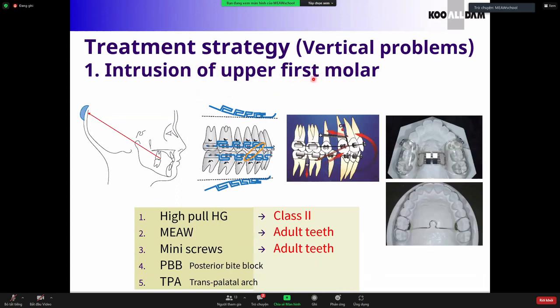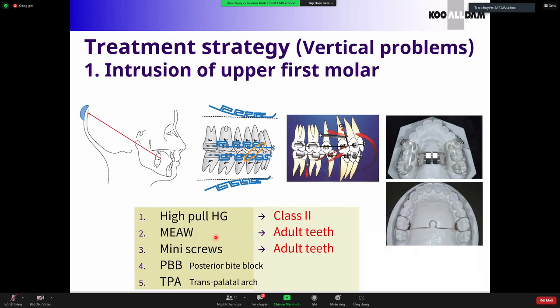How can you achieve this? Somebody thinks of a high-pull headgear. However, it is not easy to apply this appliance in class 3 malocclusion. And second is mini screws.